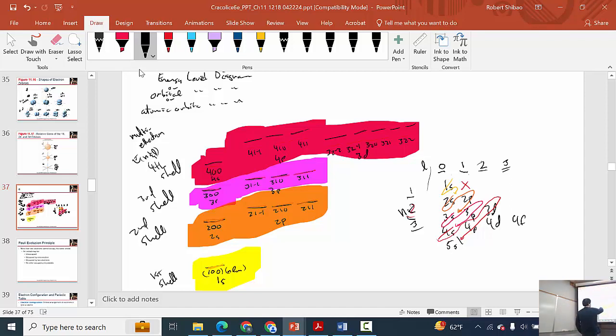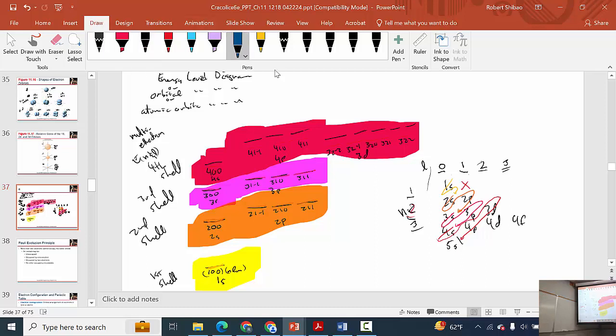Excuse me, the fourth shell is going to consist of 4s, 3d, and a 4p. 4s, 3d, 4p, and then we start the next shell, which is 5s. And so what happened to the 4d and the 4f? Well, it turns out the 4d are going to be in the fifth shell. And do you know where the 4f are going to end up? The 4f are going to end up in the sixth shell.